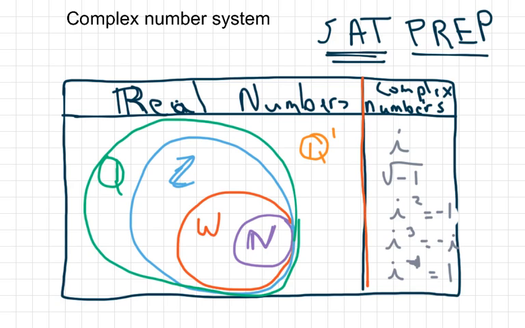So what we have here in purple is your natural numbers, which are included in the whole numbers, which are included in the integers, which are included in the rationals, then the irrationals. So let's talk about what all this means, and then we'll go back to this slide.